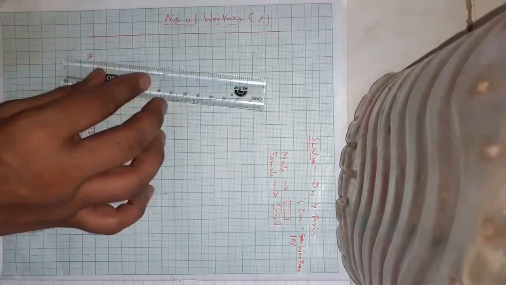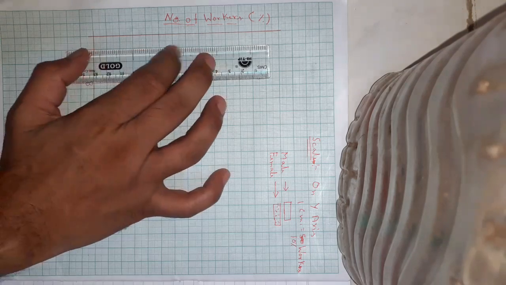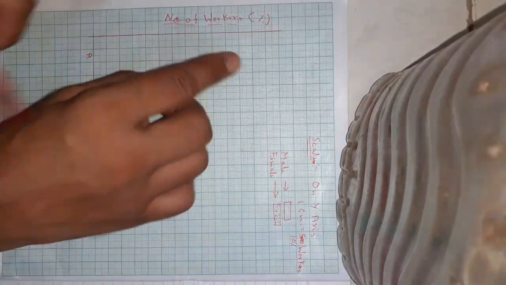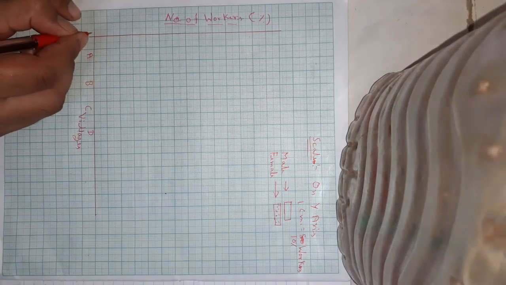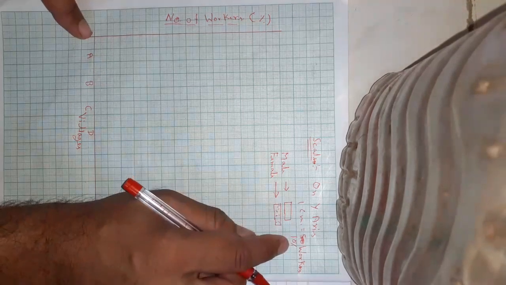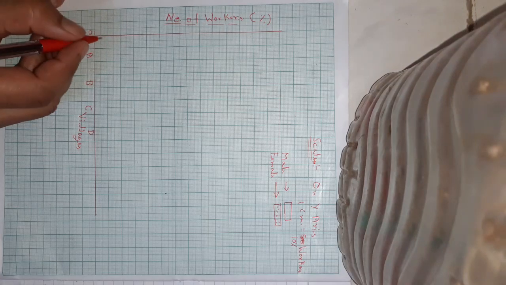Now this is A. तो यहाँ पे देख लीजिए आप, percentage also I am drawing. This is 0. Okay, then 1 centimeter is equal to 10% worker. So here will be what? 10.